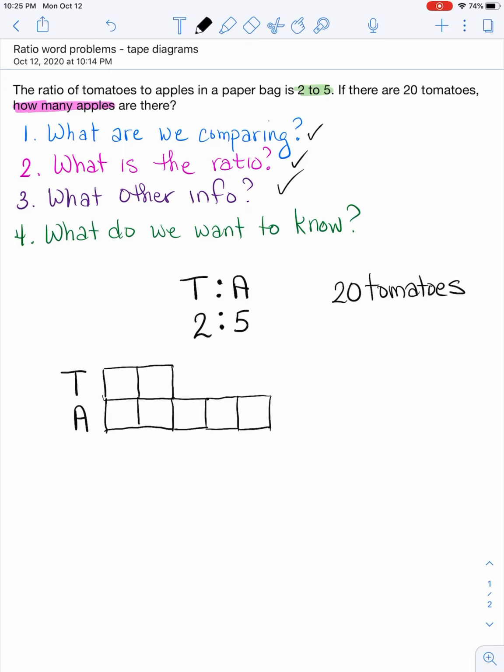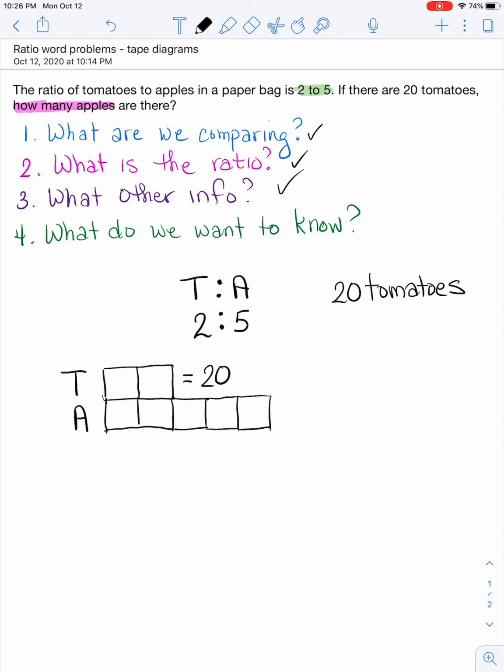Now, the other information tells us there are 20 tomatoes. Here's where my labels are so important. I need to put that the total number of tomatoes is 20. So I look for my label, T for tomatoes, and that total has to be 20.